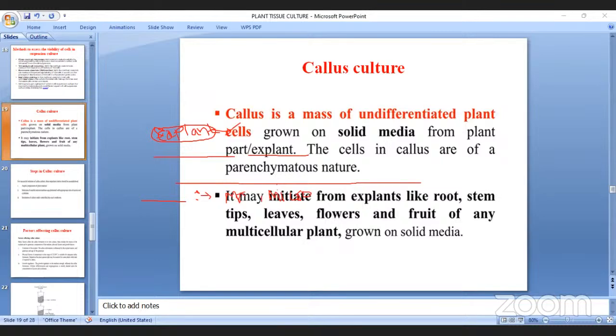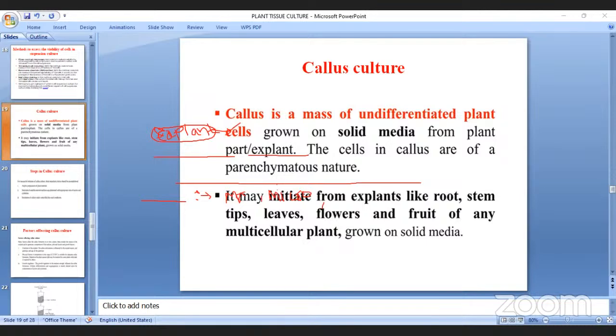And apart from these, for callus culturing, the major role is played by phytohormones, mostly auxins and cytokinins. But when compared with cytokinin, the auxin ratio should be high. So that is the important feature of the callus culture.